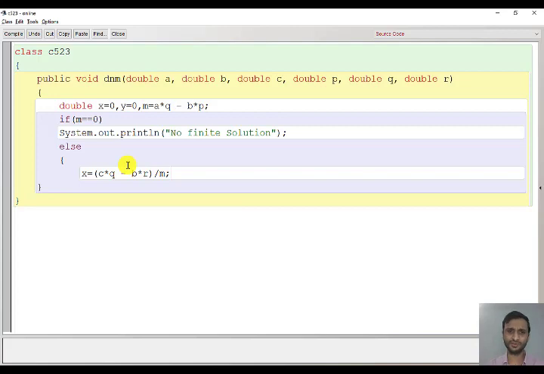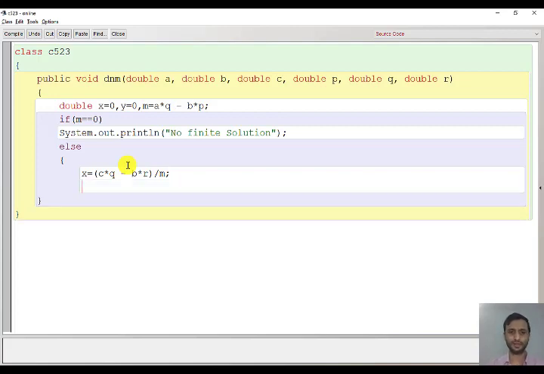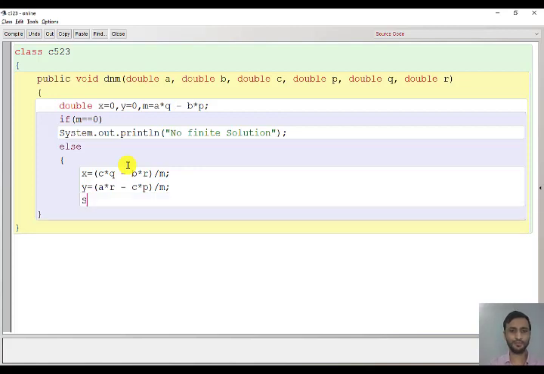You have already calculated it, so directly write m. And we also need to calculate the value of y, that is A into R minus C into P divided by m. Done. Then we'll print the value of x and y.